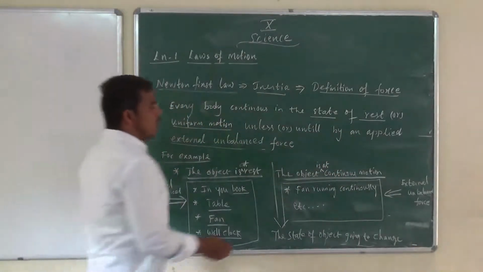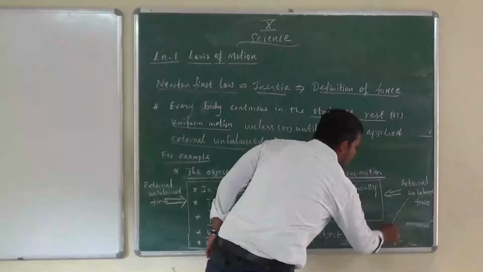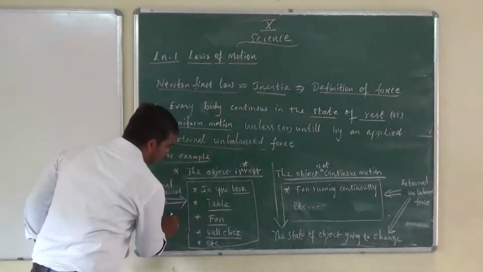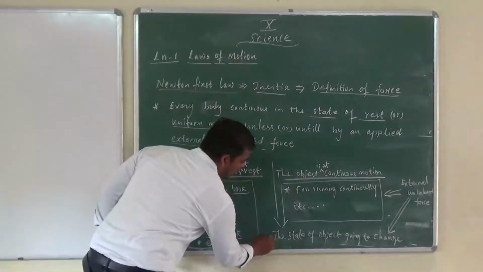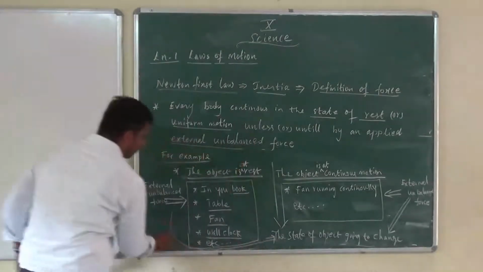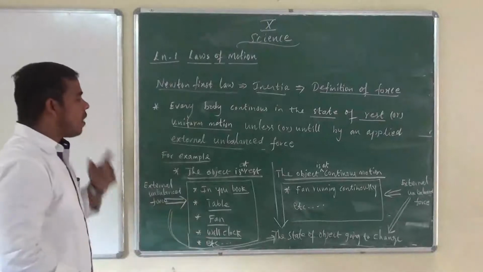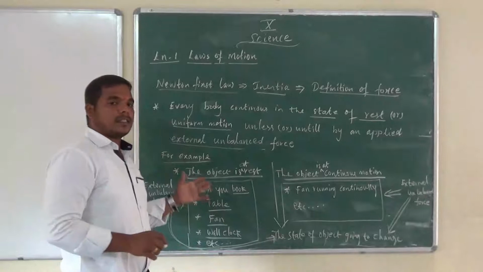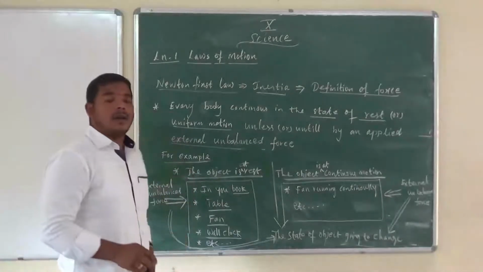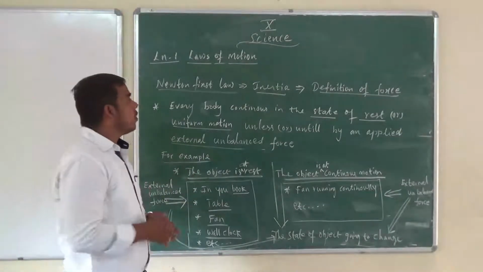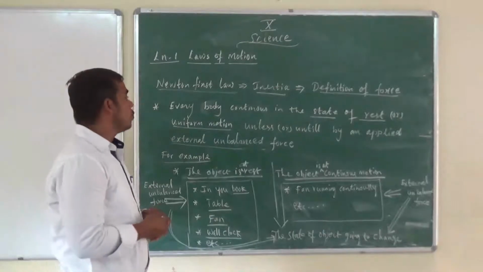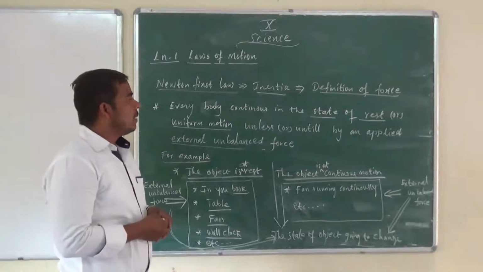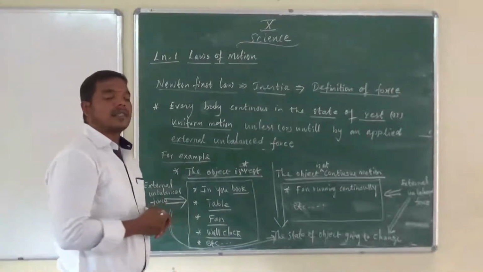What is the reason? Due to the external unbalanced force. The external unbalanced force makes the state of the object change. This is known as Newton's first law. So every body stays in the state of rest or uniform motion unless or until an applied unbalanced force acts.